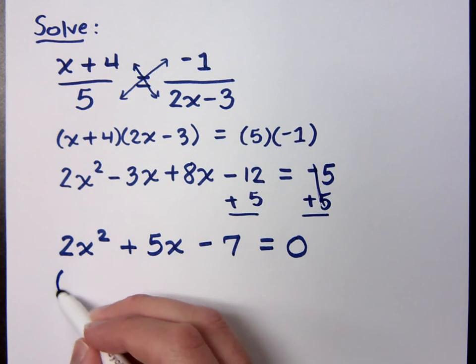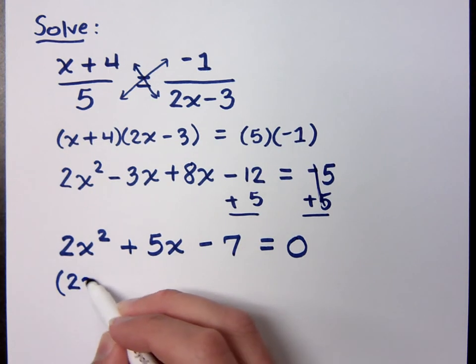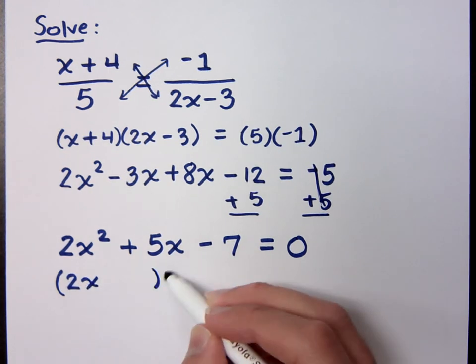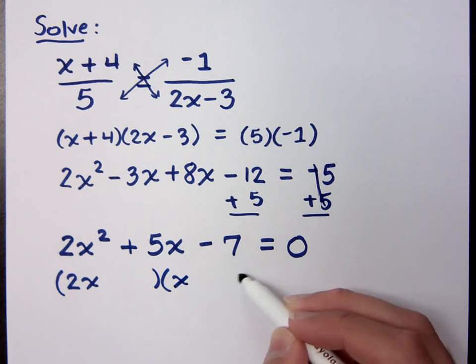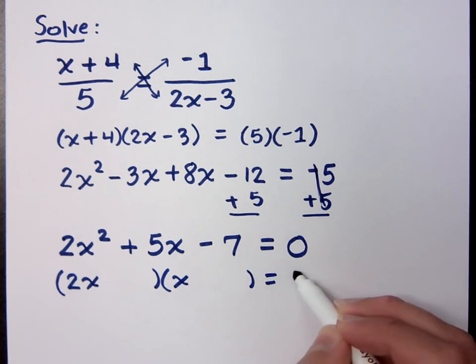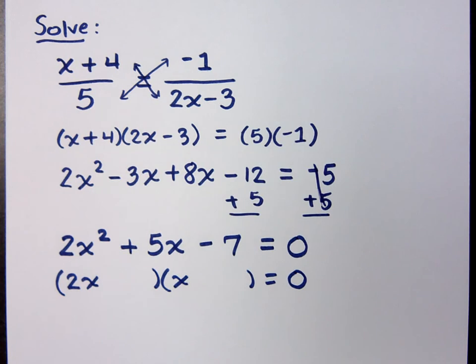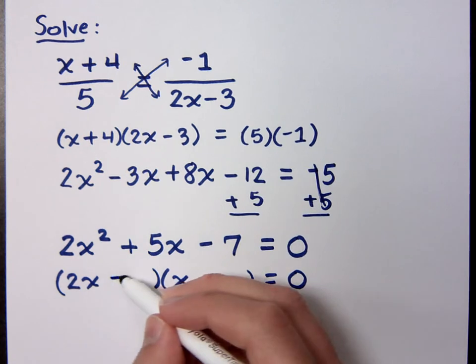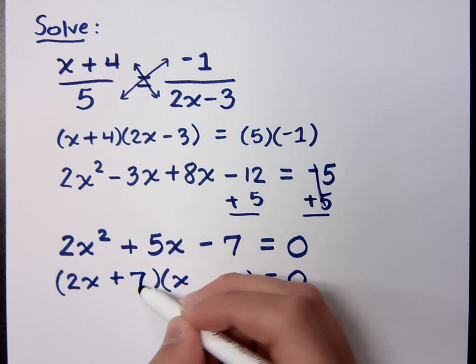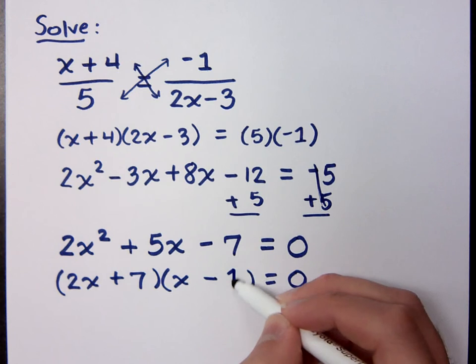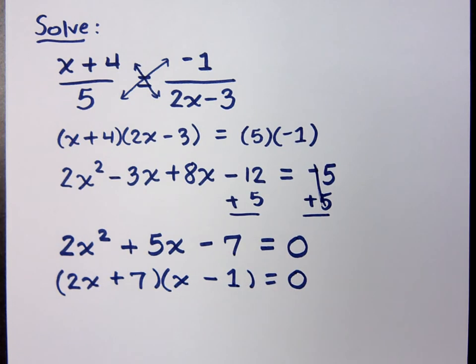Well, I know that 2x squared has to break down as 2x and x. 7 is also prime, and it has to be 7 and 1, but where do the numbers go? Plus 7, minus 1: (2x + 7)(x - 1).